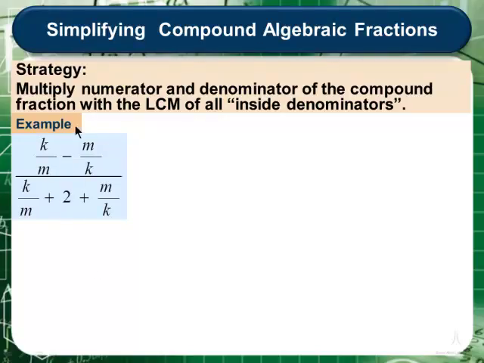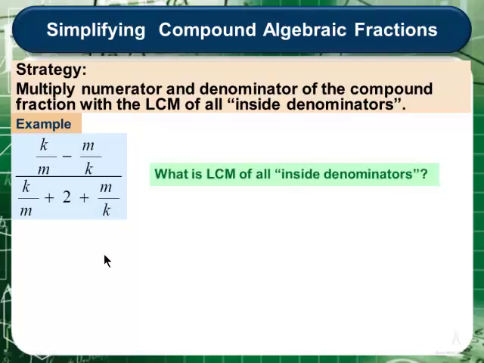That means that in the numerator position we have algebraic fractions appearing separately, and also in the denominator position of that compound algebraic fraction we have algebraic fractions appearing as such. The inside denominators in this case will be the denominators of these algebraic fractions which appear as part of the numerator and also the denominator. In our case here it is just m and k respectively.